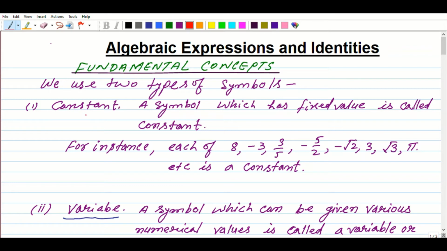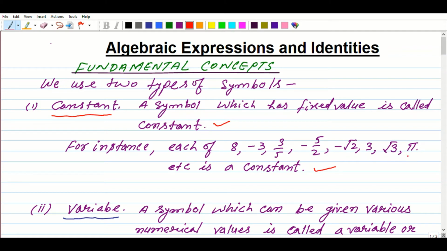First is constant. A symbol which has a fixed value is called a constant. You have also heard this from various sources and learned this one. For instance, you can say 8, minus 3, 3 by 5, minus 5 by 2, minus root 2, 3 root 3, pi, etc. are constants, right?